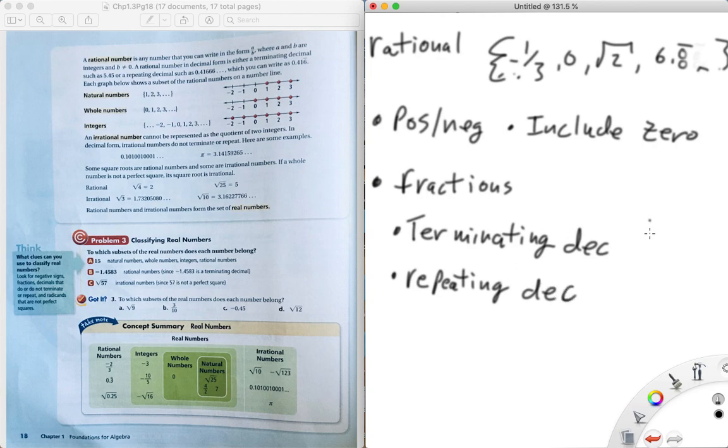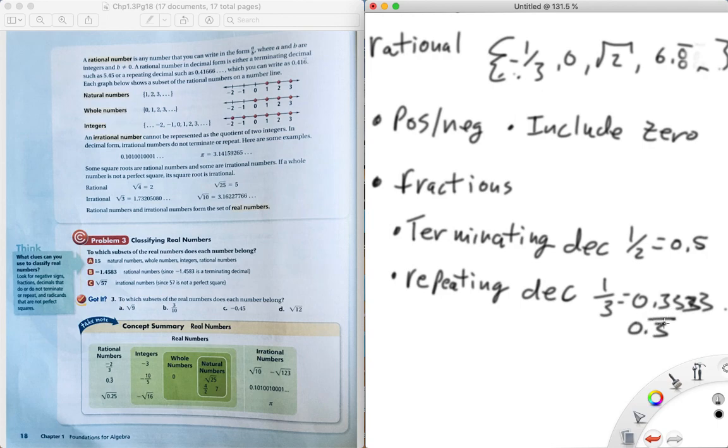So a terminating decimal is something like 1/2. 1/2 is equal to 0.5. It stops after the 5. A repeating decimal is like 1/3, which is 0.3333, and it goes on forever, which is the same thing as saying 0.3 bar.